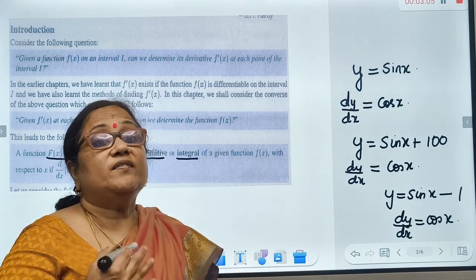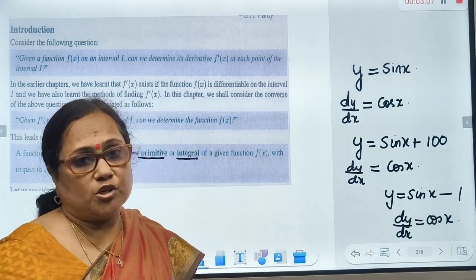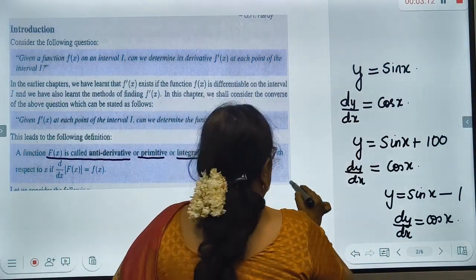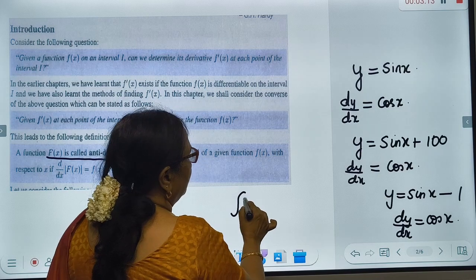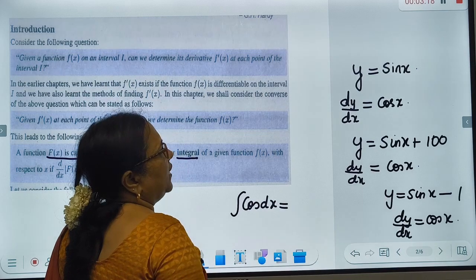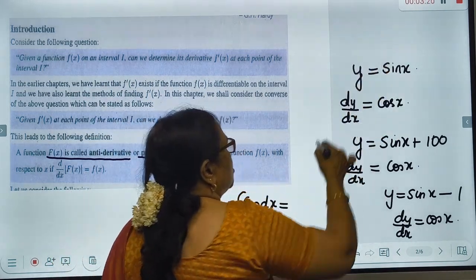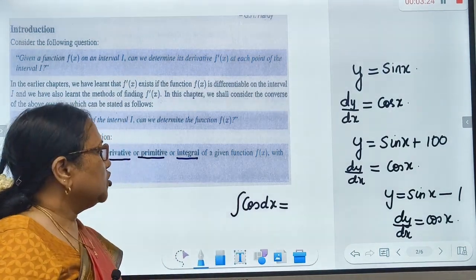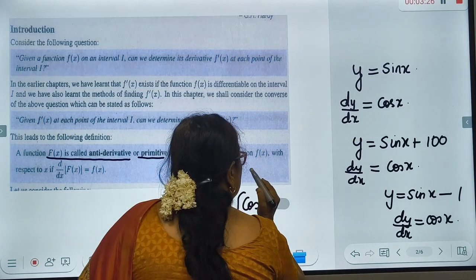What I have done here is writing the derivative. Now, let us look at the inverse process, the reverse process. So I am going to rewrite this as integral of cos x dx is equal to sin x. What is that curve whose derivative is cos x?